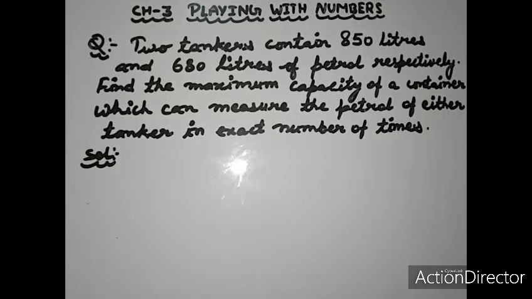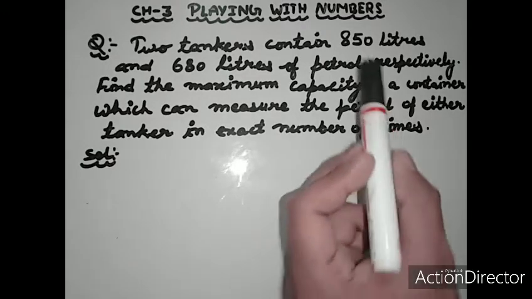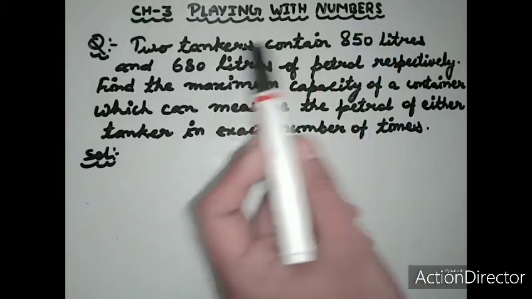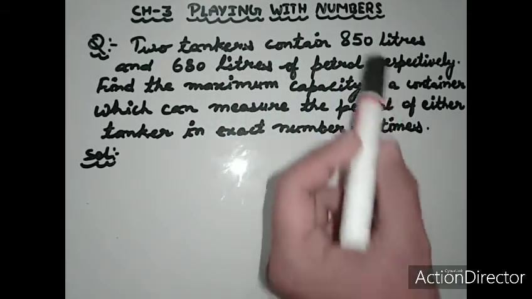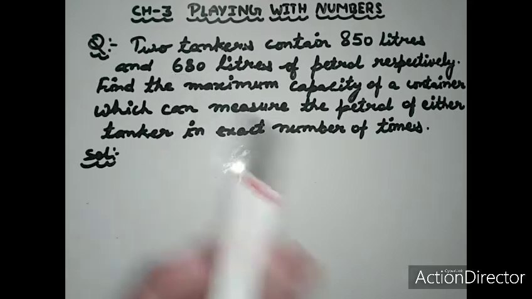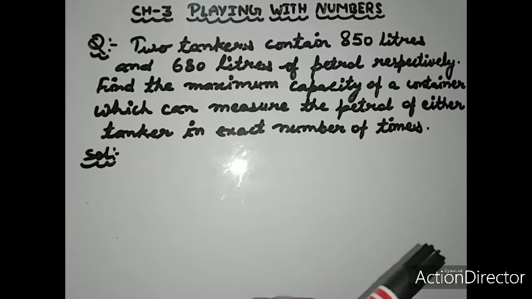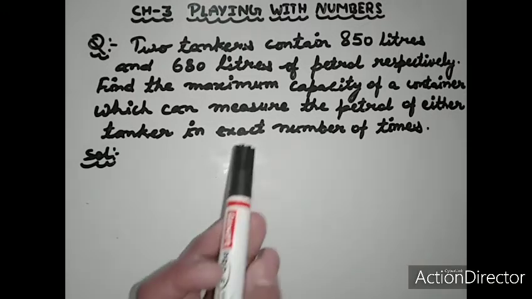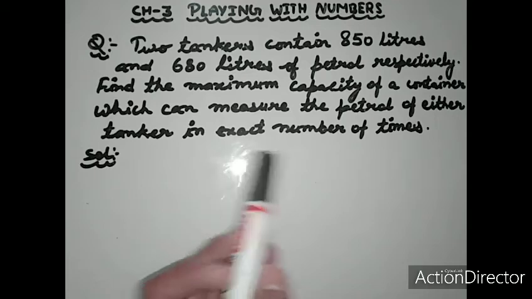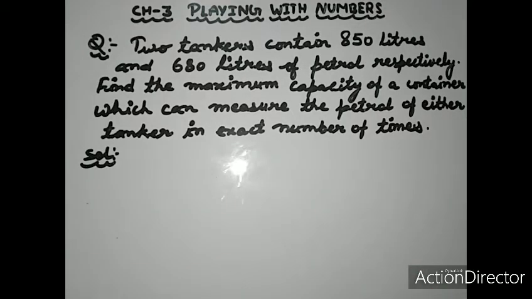Okay, so dear students, here we find the SCF of both capacities, 850 and 680 liters. So here we find the maximum capacity of a container which can measure the petrol of either tanker in exact number of times.